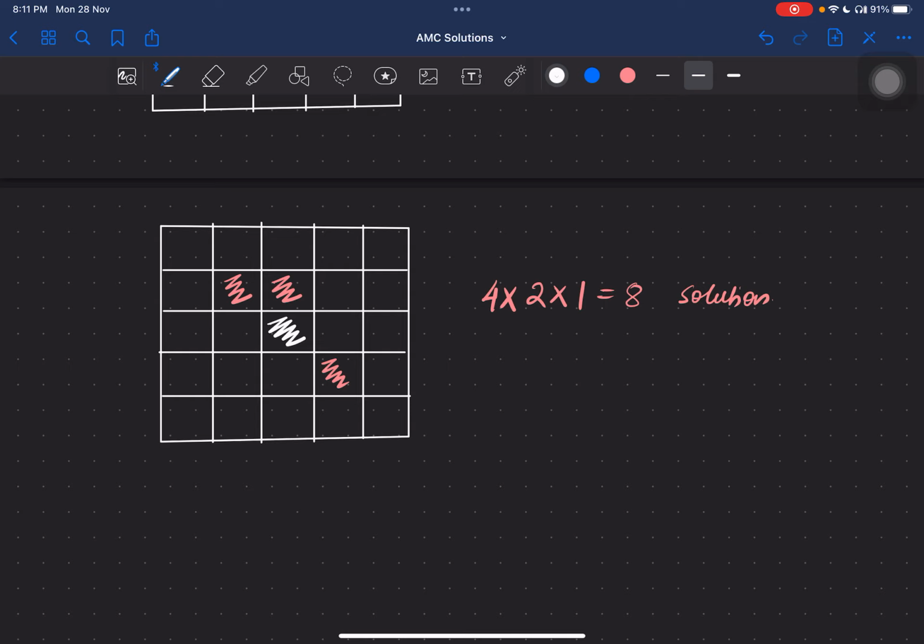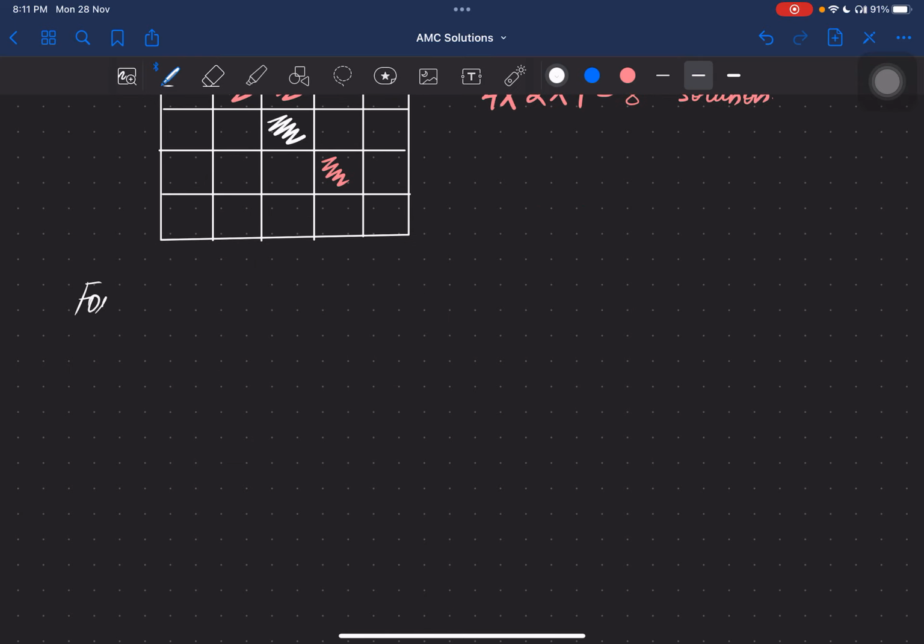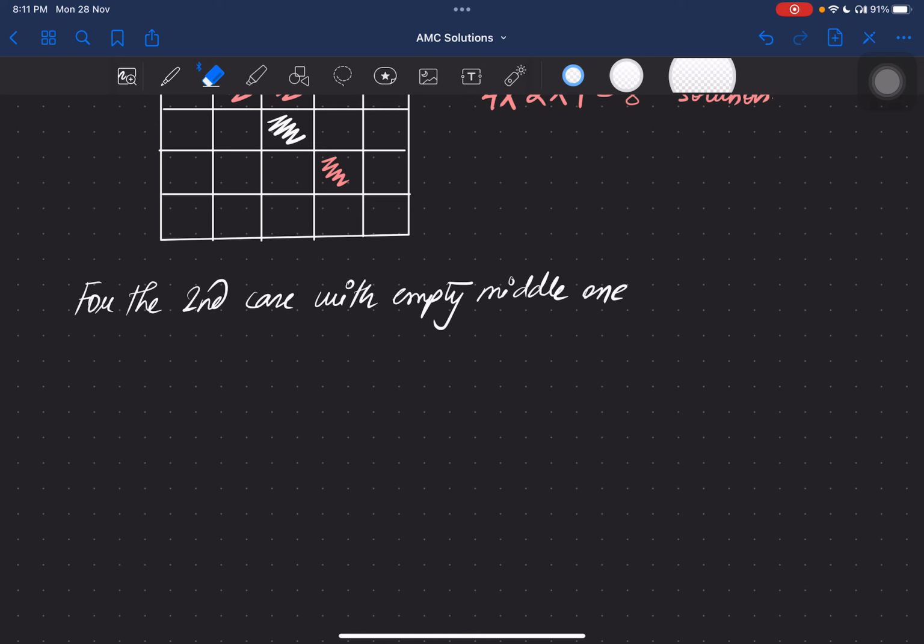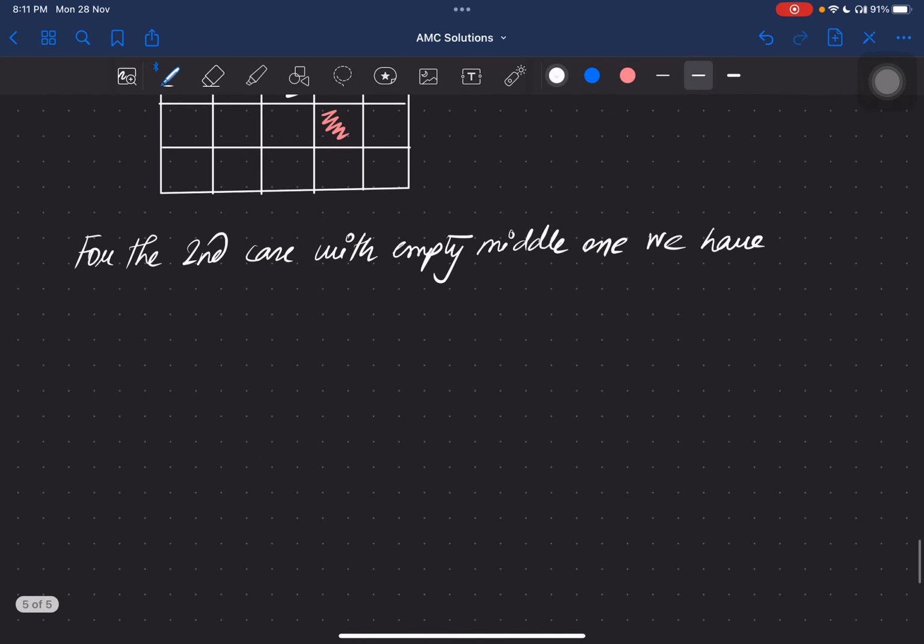So for the second case, with empty middle, we have 4 plus 4 plus 4 and 8, that is 12, 20 possible configurations.